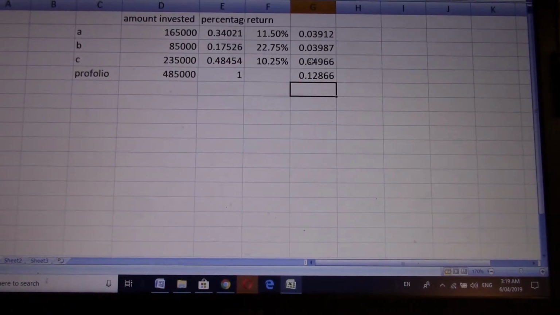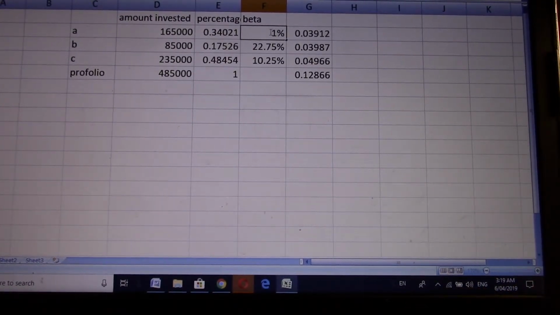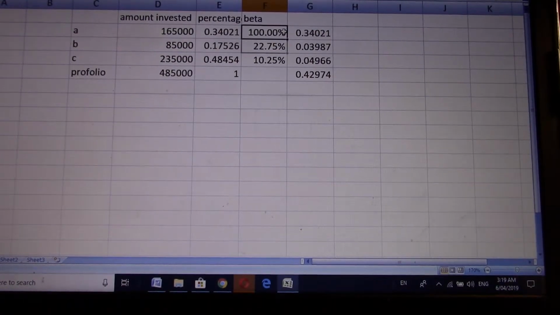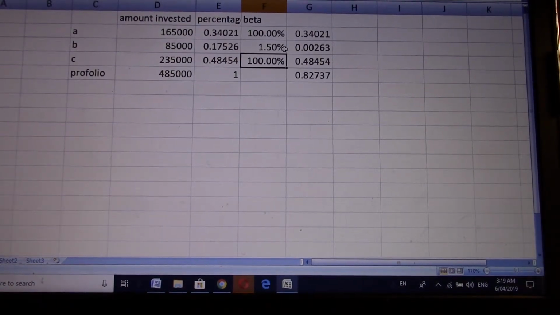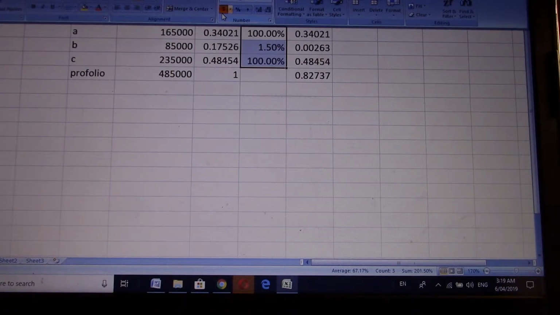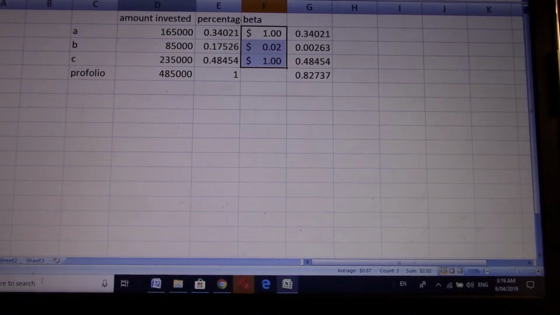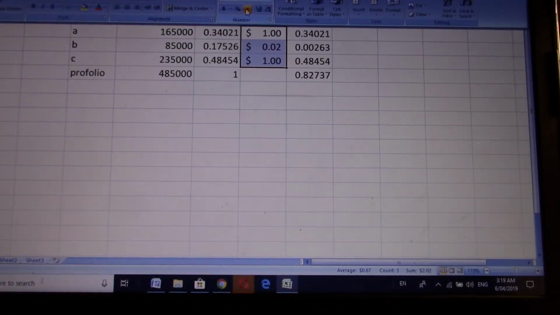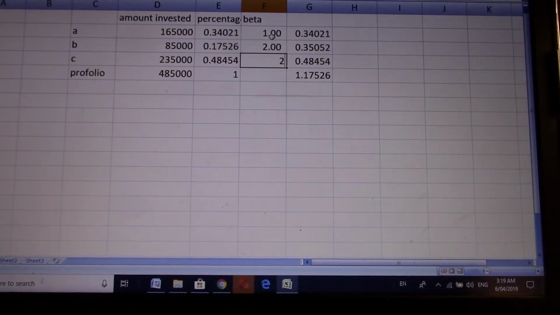You can use this table over and over. If you replace this return by the beta, for example, the beta is 1.5. Now the percent. For example, okay, so 1, for example, 2, and another beta is 2.3.